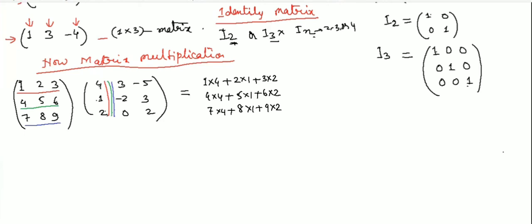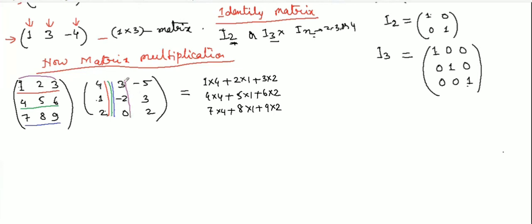Now we will move on to the next one. I'm going to take another color here. Take the same first row, and now come to the second column of the second matrix.